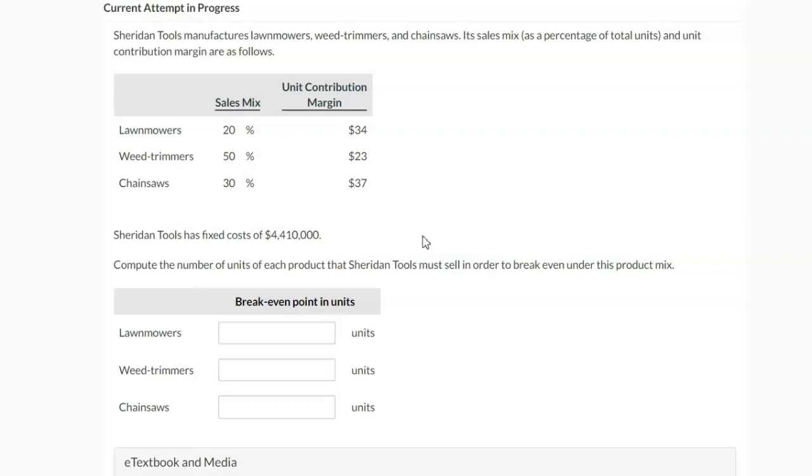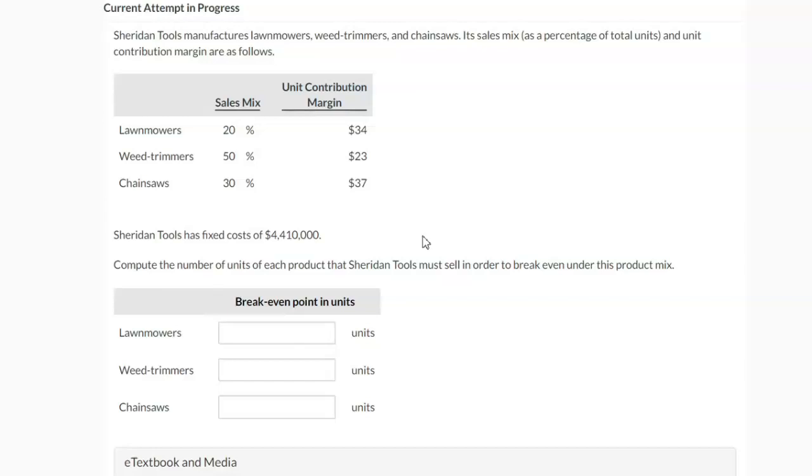How much? 150. Okay, sorry. Contribution margin ratio, or the contribution margin?